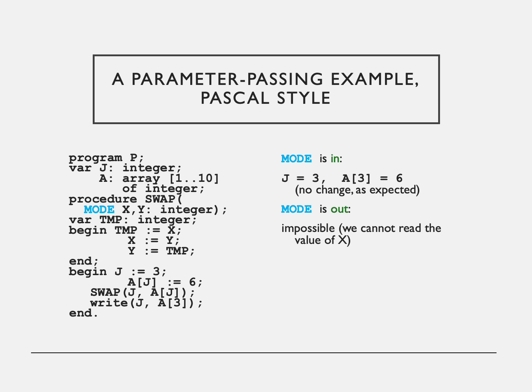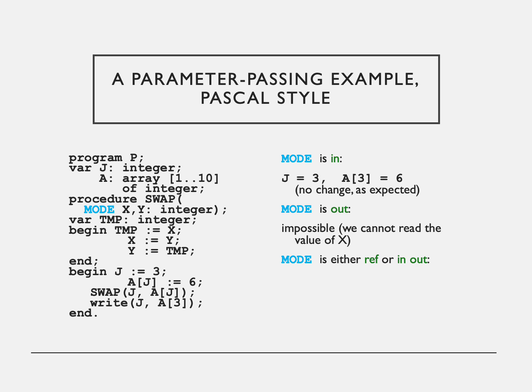Now, in mode, out mode, in out mode, if you remember from our parameter modes. In in mode, it will not allow the swap to modify j and a3, as the parameters would be read only. Out mode would be impractical here, as it does not allow reading of x and y, only writing to them.